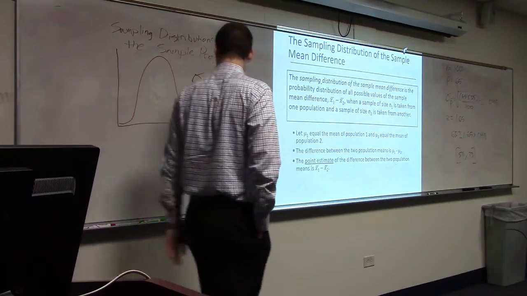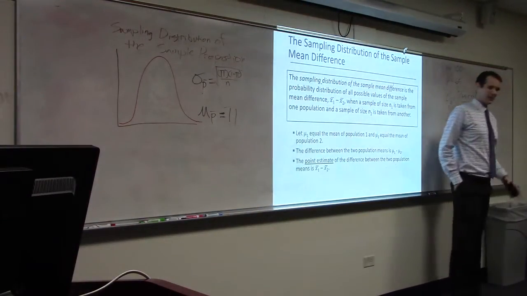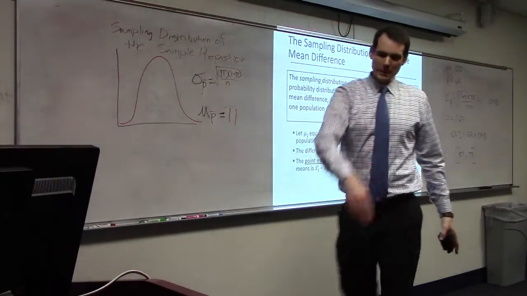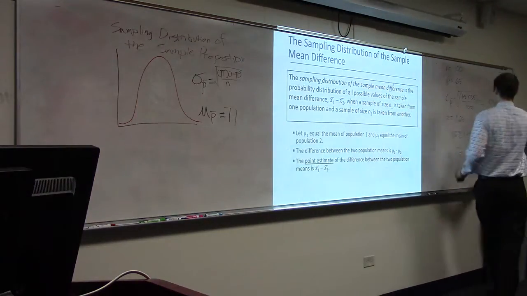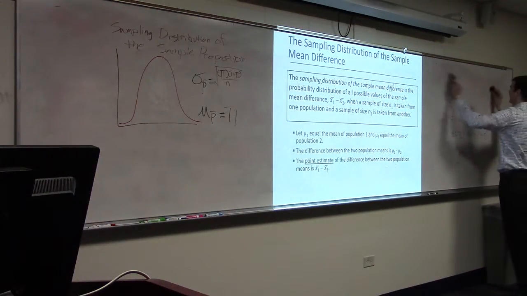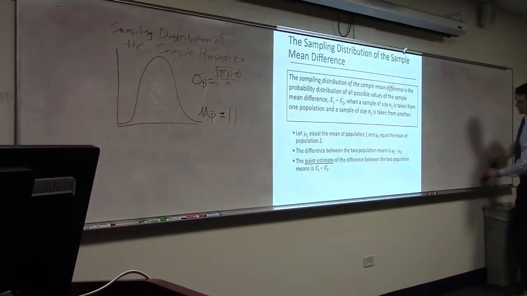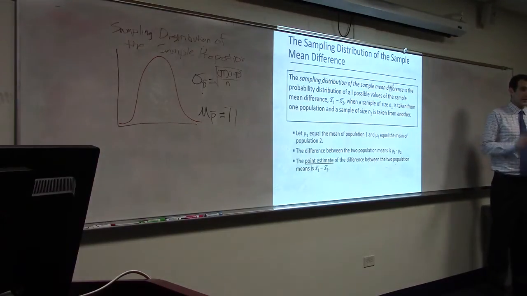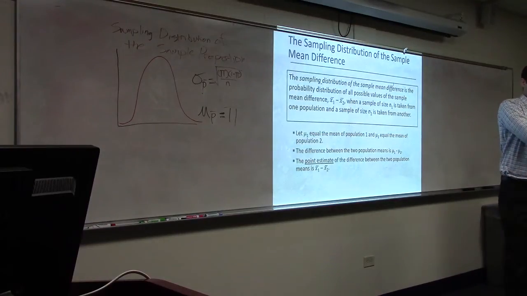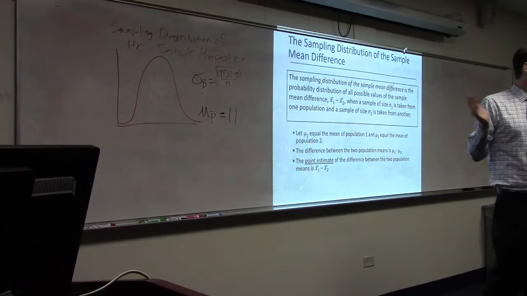All right, so let me go through a thought process here. So I've got two towns, town A and town B. Actually, before I go through this thought process, let me bring up a couple points. We're doing mean differences, so the difference between town A and town B. Now you already have a tool to calculate this. You already know how to calculate the average income in town A with a confidence interval and the average income in town B with a confidence interval.